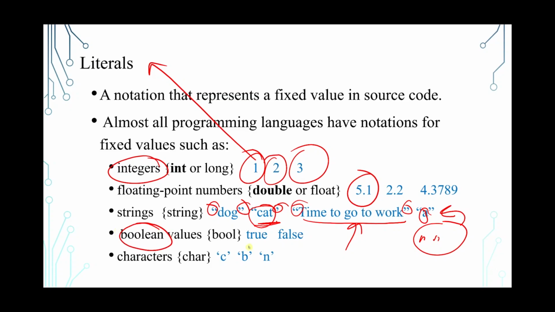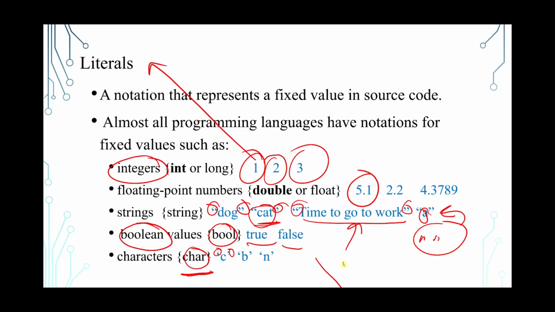Boolean values are either true or false, and of type bool. Characters use the type char, and it's one letter only surrounded by single quotations. Yes, there are some exceptions for characters having two, but if you have two, it must start with the backslash, and it has special meaning.